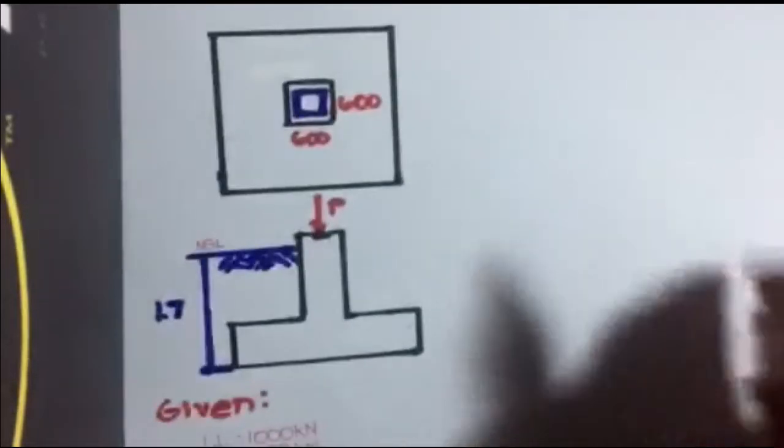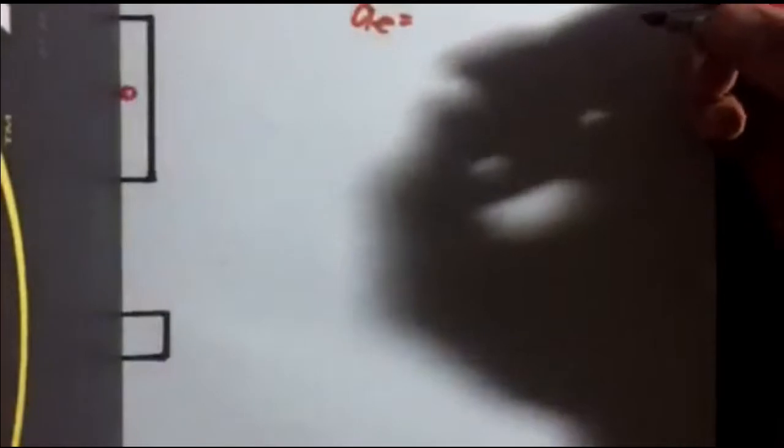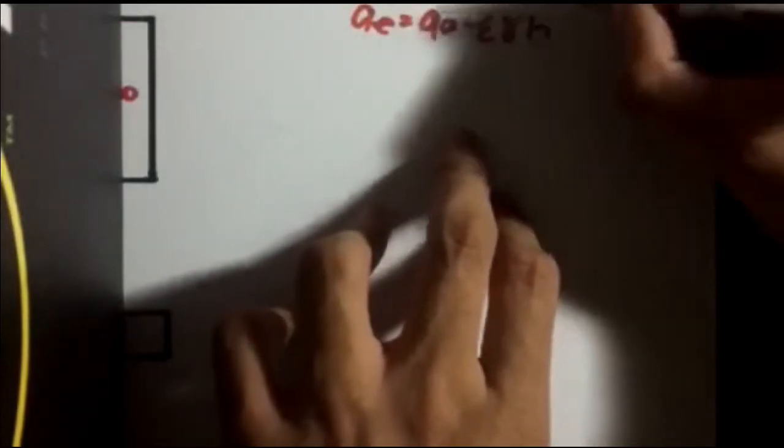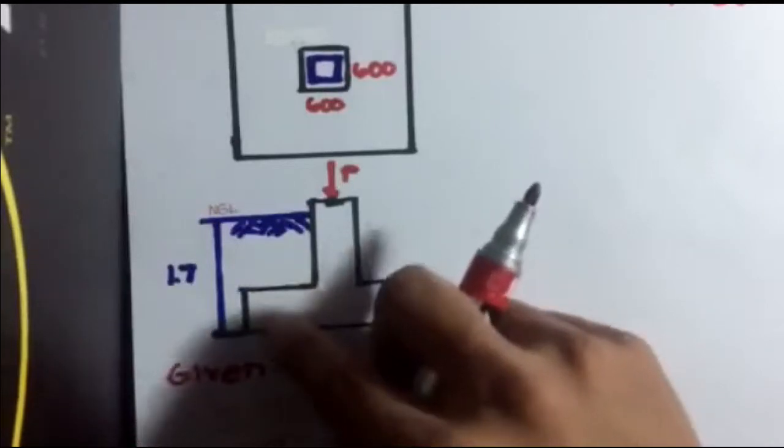Here, wait, I'll move the paper. So first things first, we need QE, which is the equivalent soil pressure, and it is equal to QA, Q allowable, minus the summation of the gamma H in the problem. By gamma H we mean the soil here and the concrete here.